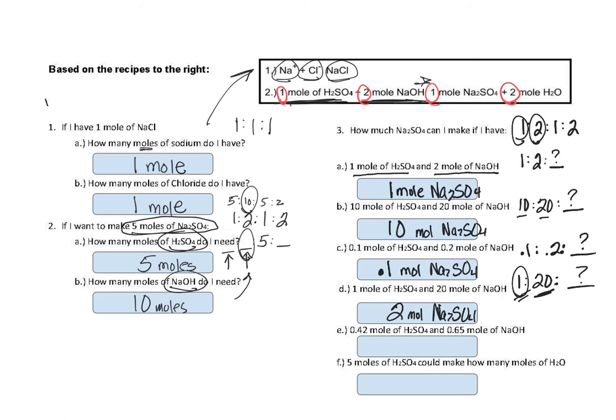What if I had 0.42 moles of the sulfuric acid and 0.65 moles of the hydroxide? Well, if I did this, I would have to have double of this to make 0.42. Double of that would mean 0.84.